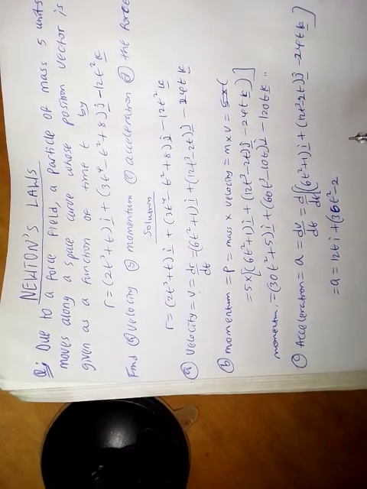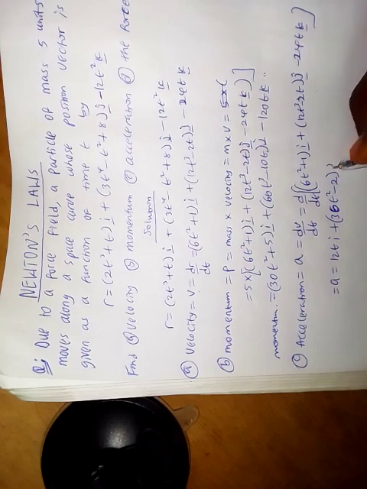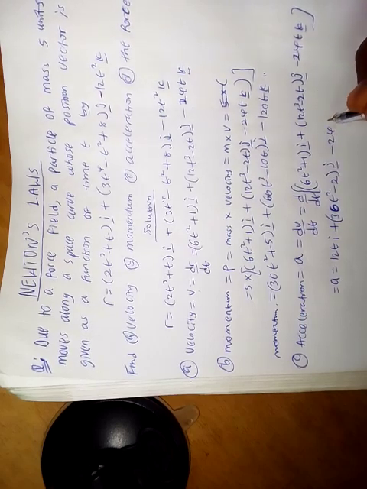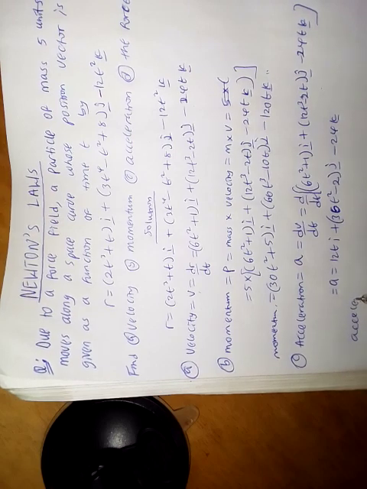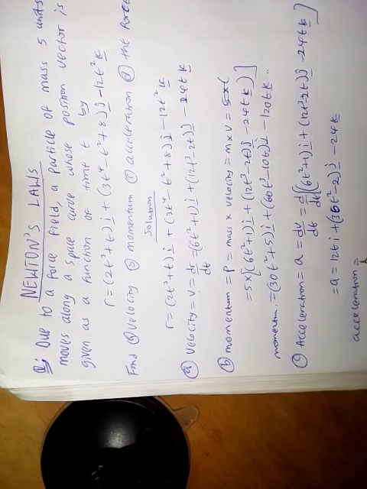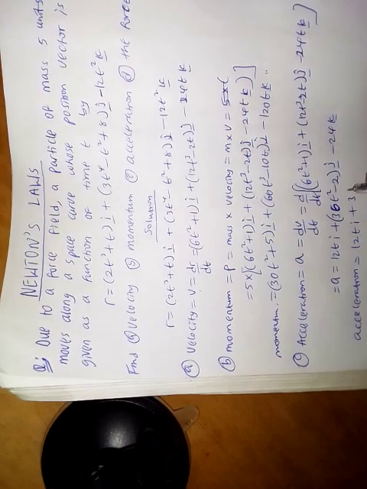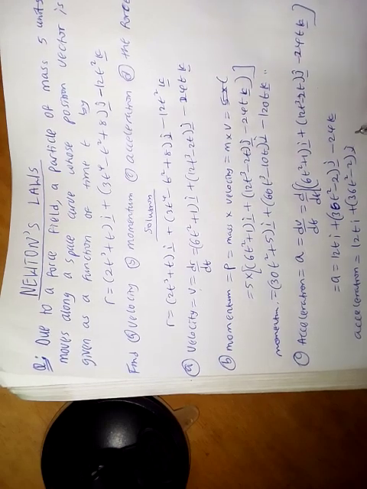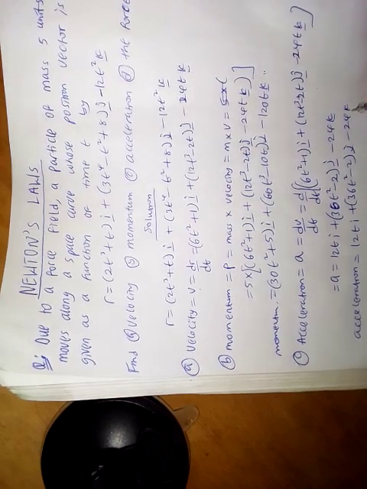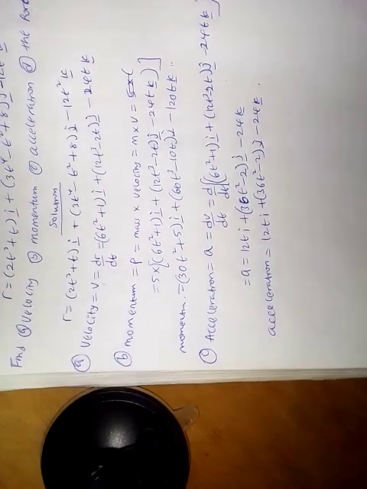We differentiate the last part, we have minus 24k. So our acceleration is therefore 12t i plus (36t squared minus 2) times j unit vector minus 24k. So this is simply our acceleration that we are looking for.